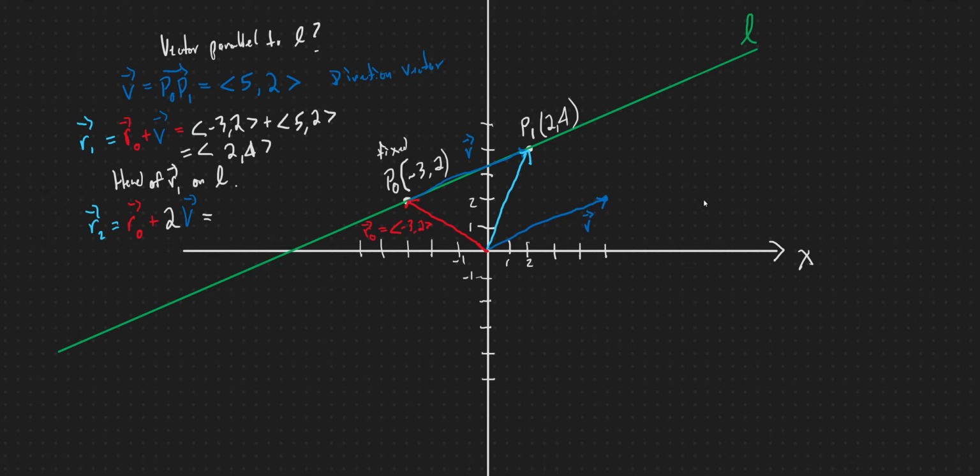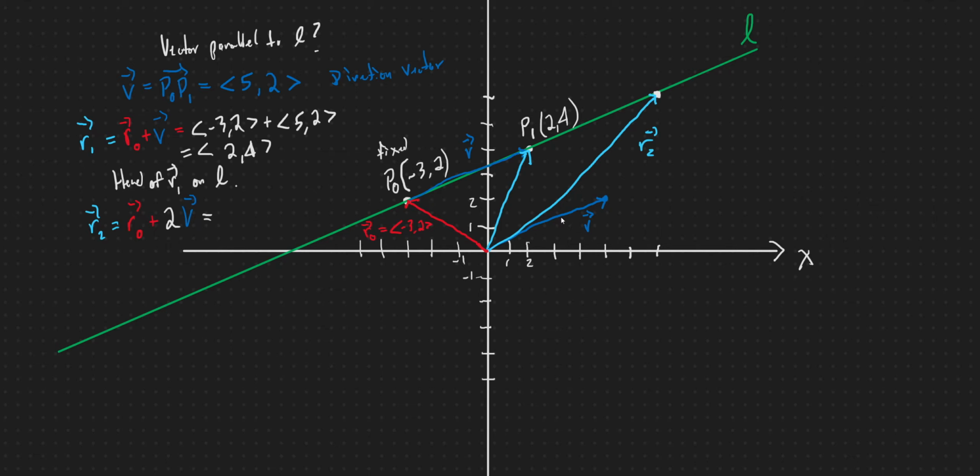Over 10 and up 4, so I should be at 7, up to 6. I need to go one more here. Oh, what do you know? Let me draw that one again. That's going to be R2. I'll just freehand that. There's my R2 vector, which again points on the line.